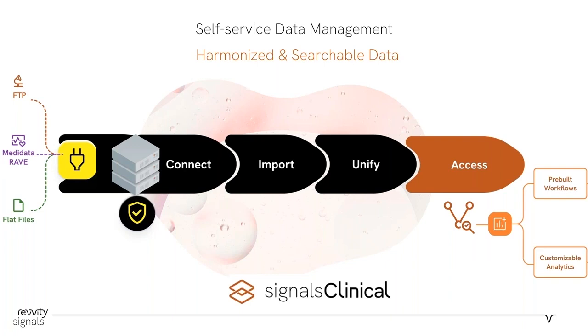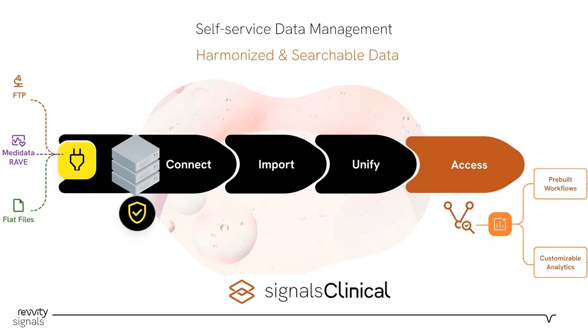So for example, you want nightly refreshes on the data because your source data is changing. Once you've set that schedule, anytime your source data changes, whether it's in Rave or in FTP, the whole pipeline, bringing data in, mapping it, and then publishing it, will be done behind the scenes. It's just a matter of setting it once, and then it's completely automated and does it for you in the background.